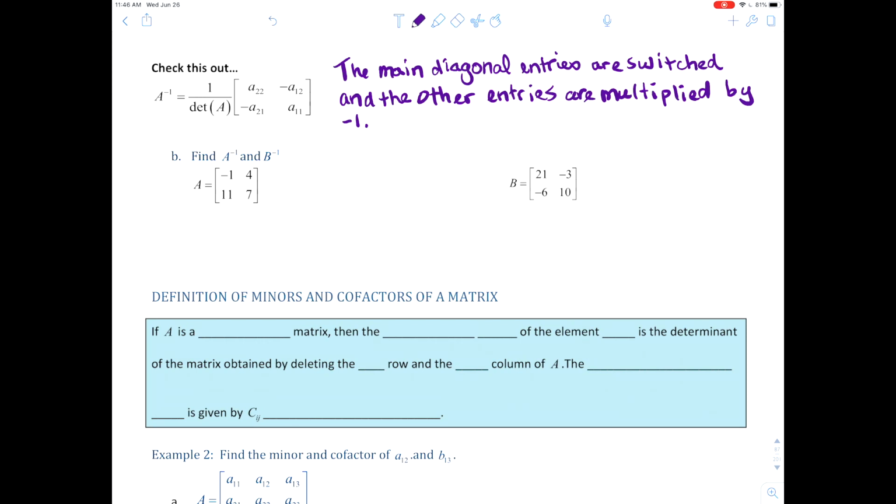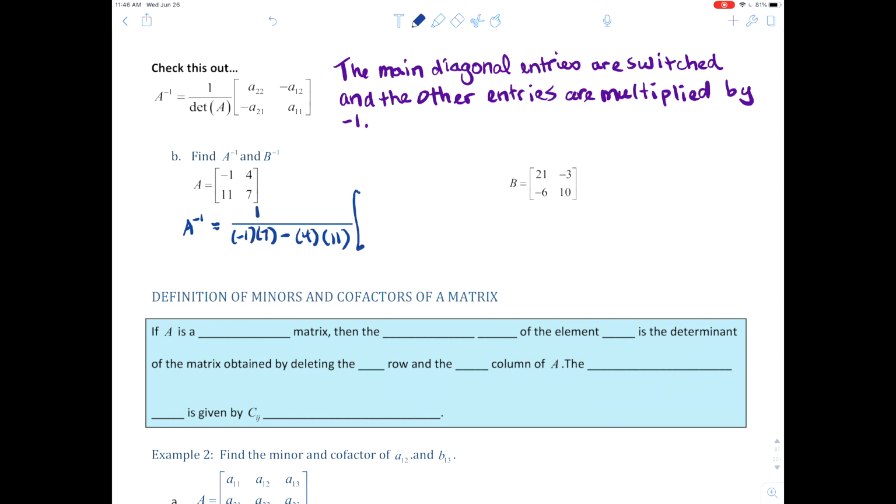So let's use this method to try it out, all right? So A equals [-1, 4; 11, 7]. So A inverse would equal 1 over, so the determinant of A is found by multiplying -1 times 7, and then minus 4 times 11. Good so far? Awesome.